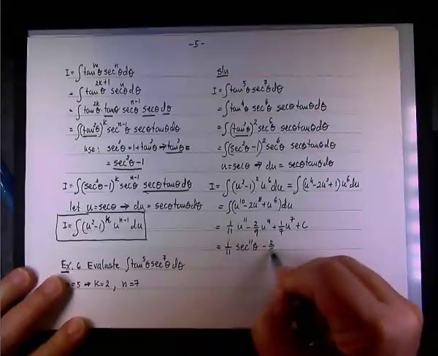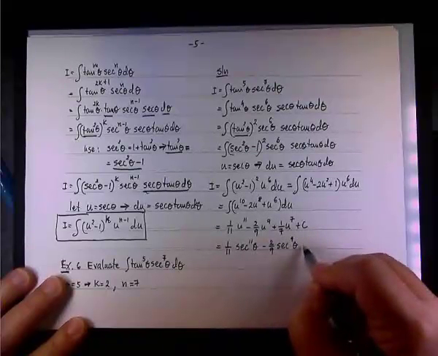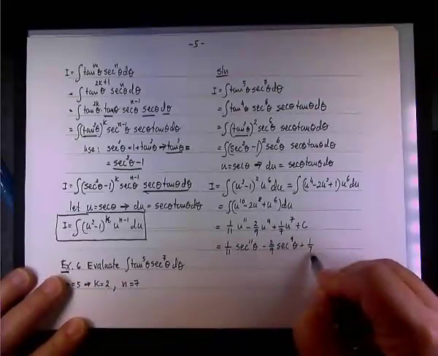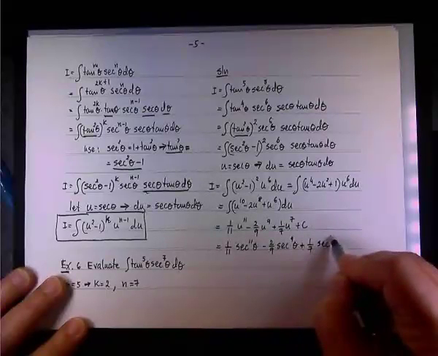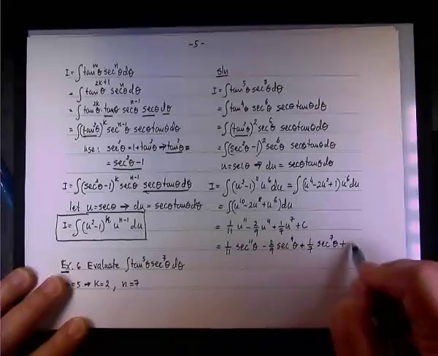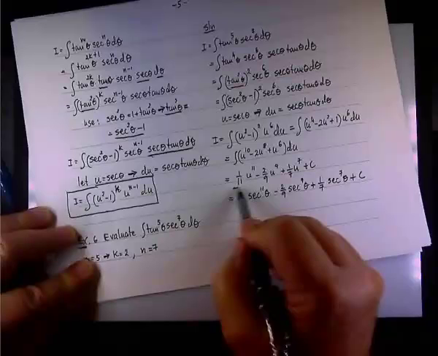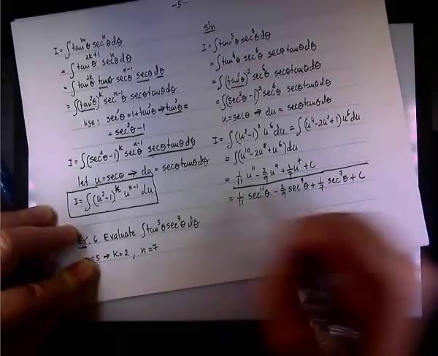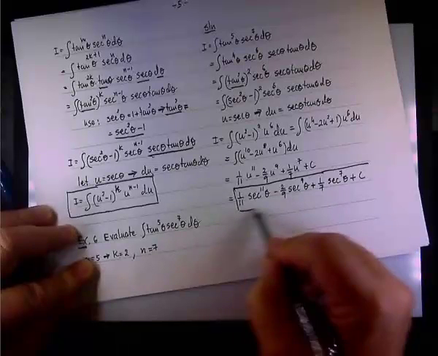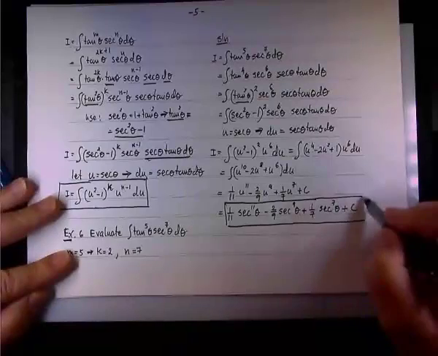And finally, go ahead and back substitute, replace u with the secant, and you get 1 over 11 secant to the 11th power minus 2 over 9 secant to the 9th power plus 1 over 7 secant to the 7th power plus c.